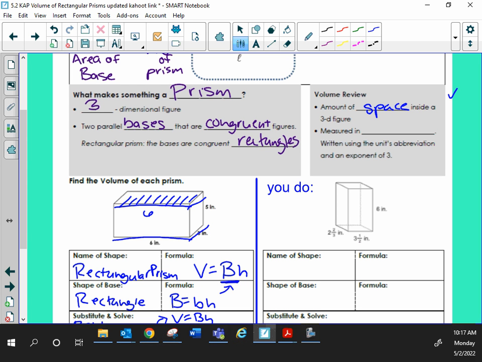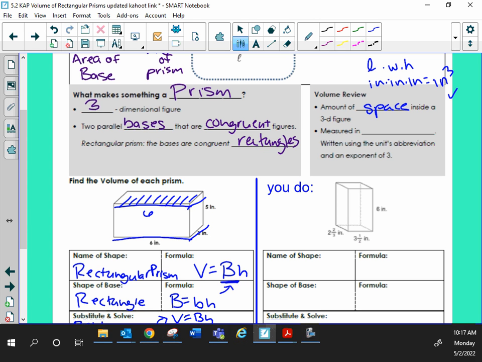When we find that space, we're looking for length times width times height. So if I did length times width times height, and they were all inches by inches by inches, another way of writing that, my units would be inches cubed.